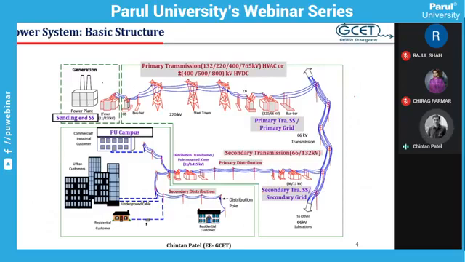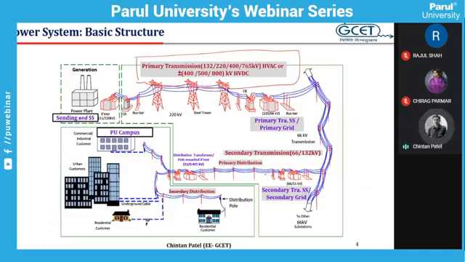The power which is generated at the power plant is transmitted through mainly the primary transmission network in bulk. Bulk means hundreds of megawatts. So it is very essential to design the transmission network in an efficient manner.